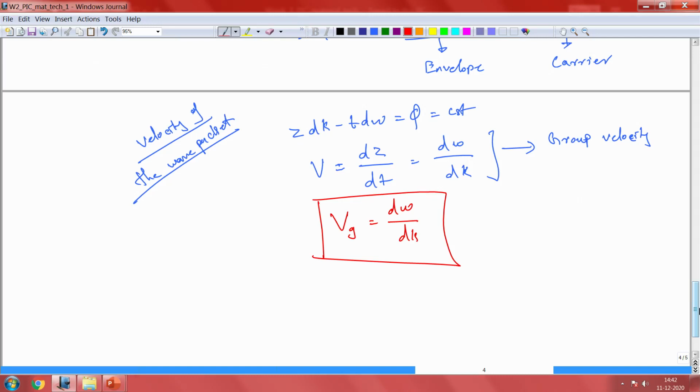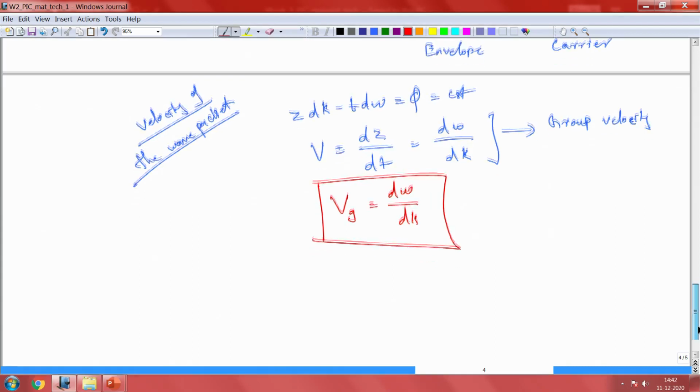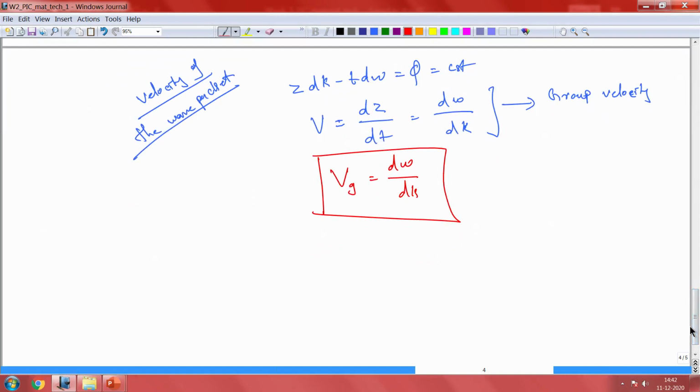When you are sending information through a channel, the channel will have its own dispersion, and because of that your single frequency or these multiple pulses with different wavelengths are going to travel at different speeds, and it has implications on the information carrying capacity or the speed of transport. So, this is our group velocity.